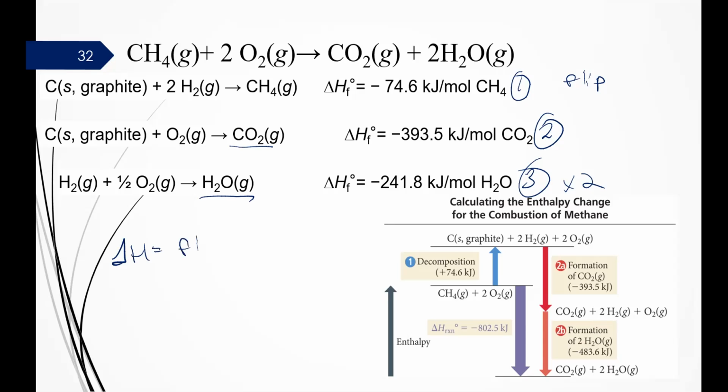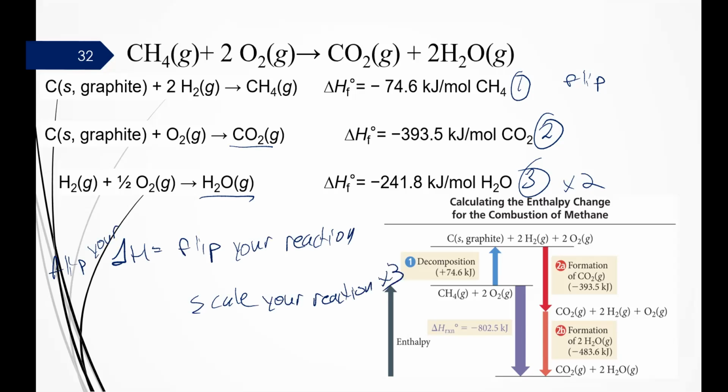So if you flip your reaction, so that means that you take your products and you make them reactants to your products, then you need to flip your delta H. If you scale your reaction, so if you let's say multiply it by 3, then your delta H would be the same thing, but 3 times it.